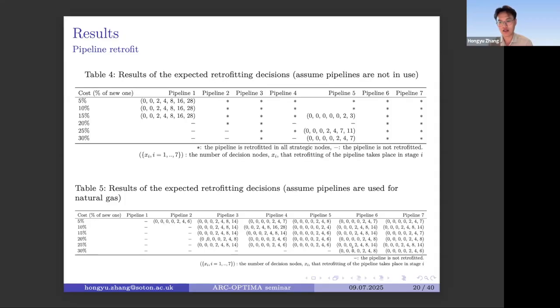Basically, in the last 3, 4 stages you start to retrofit some pipelines, not all the pipelines. So that means if you retrofit existing pipelines that are used for natural gas for something else, you really need to consider the loss of profit from natural gas.